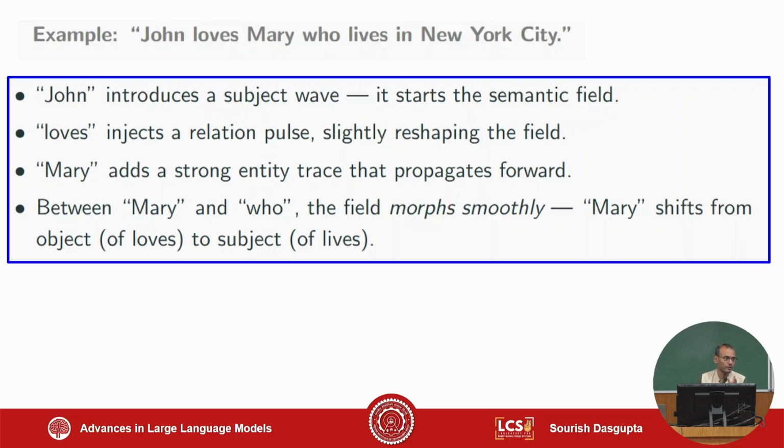Think of it more like that. So it starts drifting, keeps drifting, and if nothing comes, then it will decay. So it's like a sound echo. It echoes, and the echo keeps going on. But if nobody else is saying anything in this room, then the echo will die down after some time. So think of it like that.